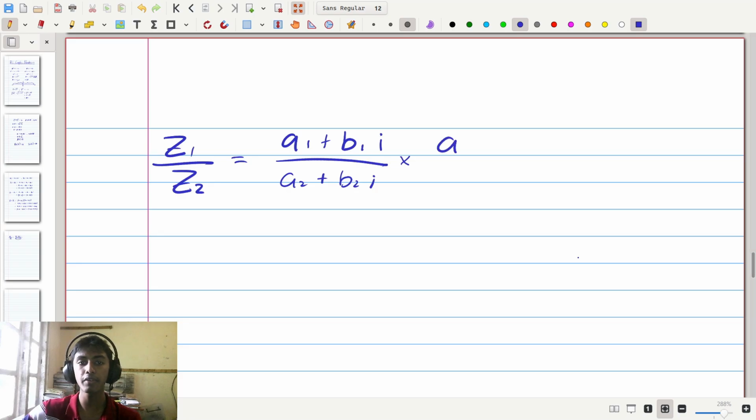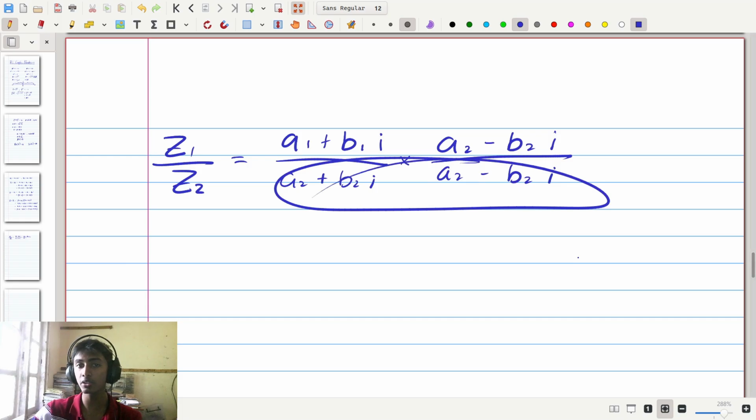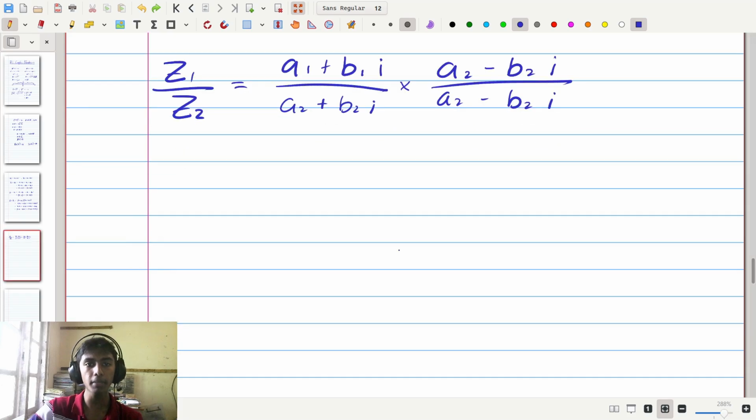If we do that, we do a2 minus b2 i on top and a2 minus b2 i on the bottom, we can see that what we're going to get is these two multiplying together and these two multiplying together. And we know how to multiply complex numbers. If we do the bottom bit, we can see we have a2 plus b2 i times a2 minus b2 i.